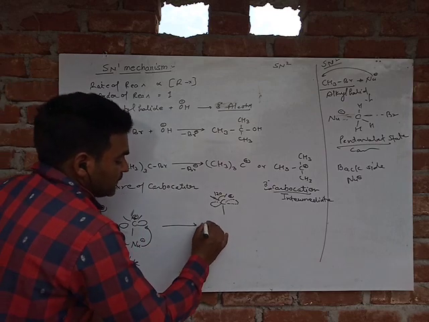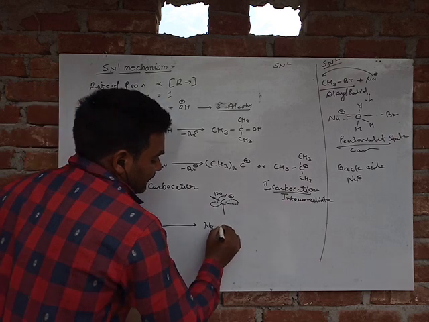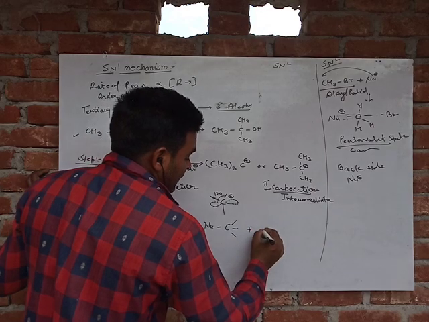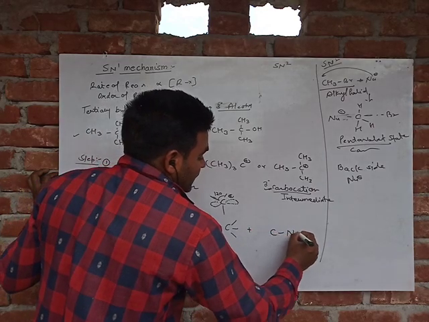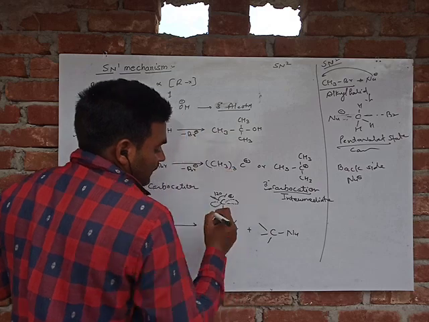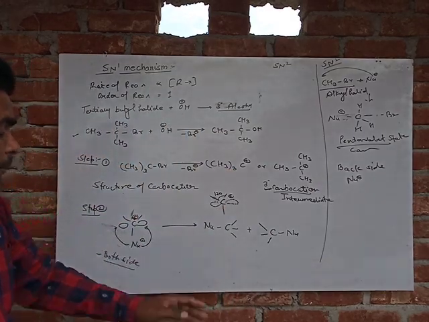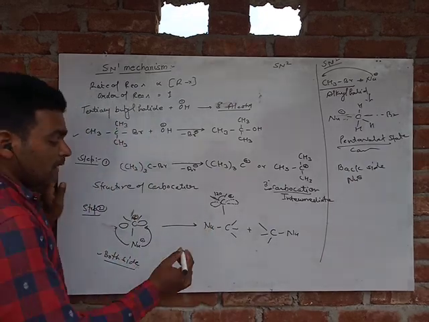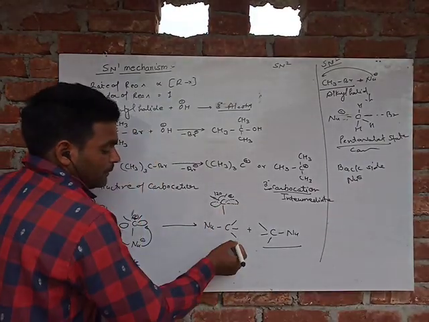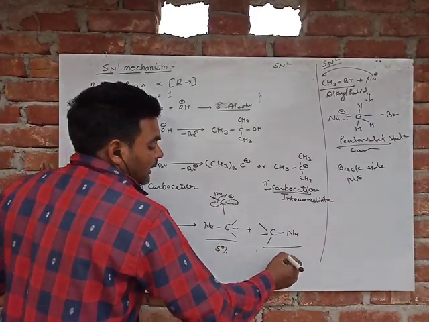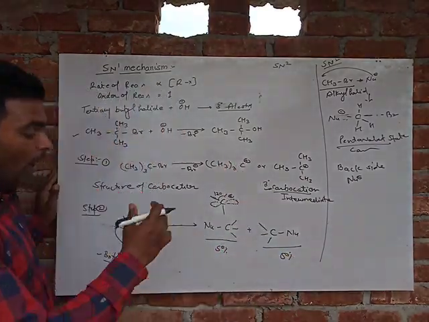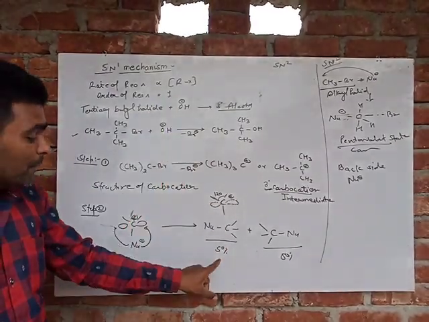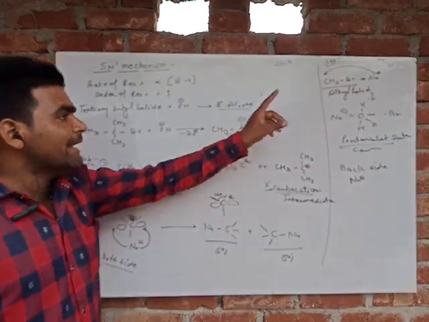the products Nu-C-CH3 and Nu-C-CH3. This means the possibility of product formation is 50% similar and 50% inverse. 50% of the product is found in the same configuration as the halide, and 50% of the product is inverted like SN2.